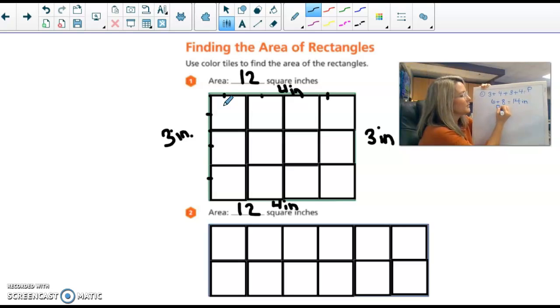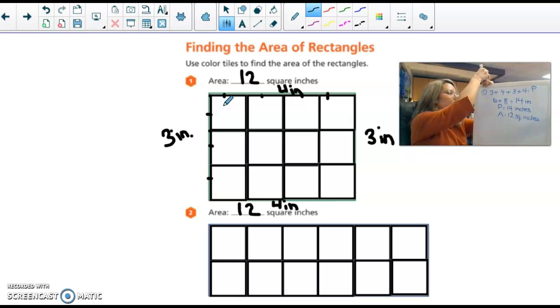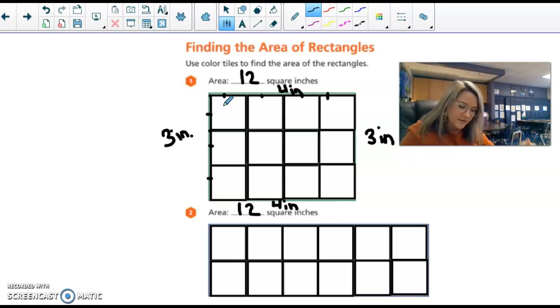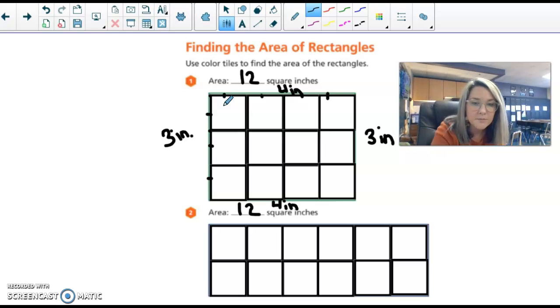I'm going to put it down here. Perimeter, 14 inches. So remember, we found the area to be 12 square inches. That's for problem 1. All right, so let's look at problem 2. We want to find the perimeter of number 2 on page 243.